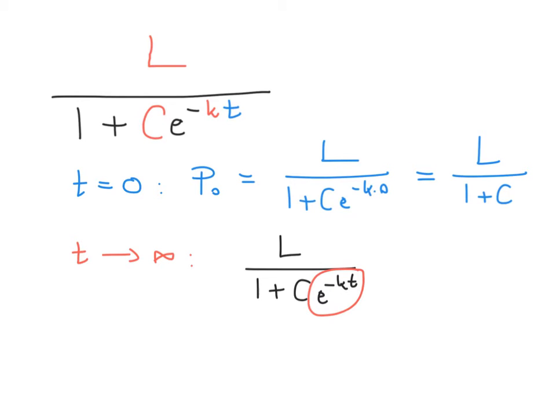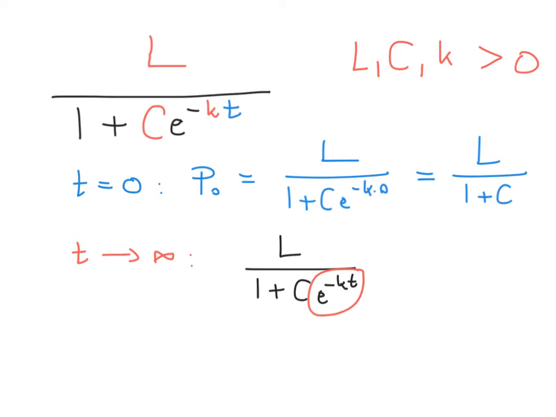And I should add here, and that's important, that all the constants or parameters are positive numbers. So k is just a positive constant. Think about it for now as just equal to 1, so it's just e to the minus t.